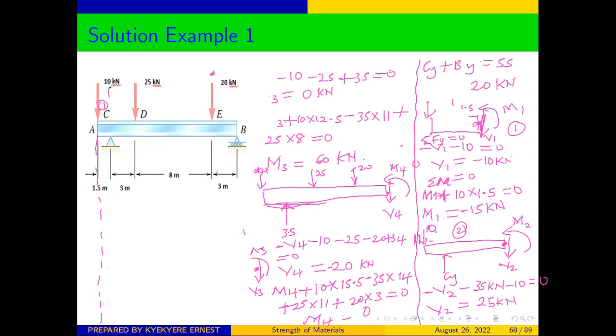This will be the second section. This will be the third section. This will be the fourth. And this is going to be our last section, of course.